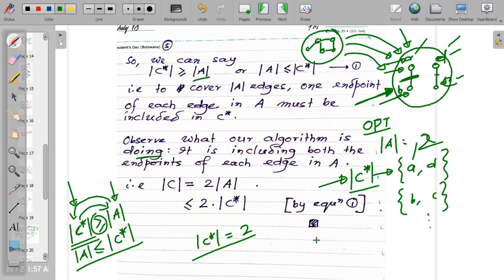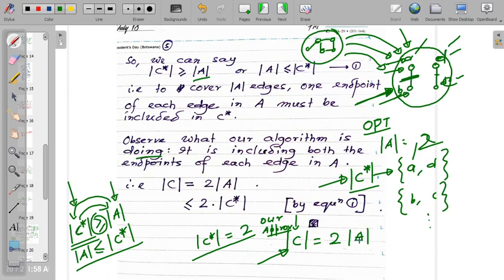So the cardinality of C, that is the vertex cover returned by the approximation algorithm, will definitely be 2 times the cardinality of A. That means whenever I take an edge, I include both the vertices.